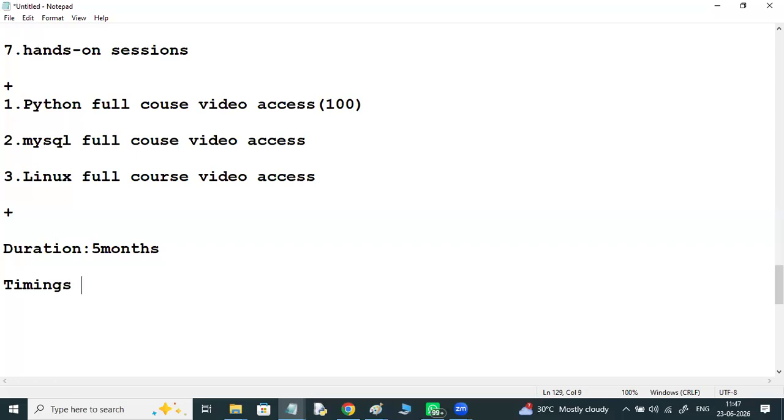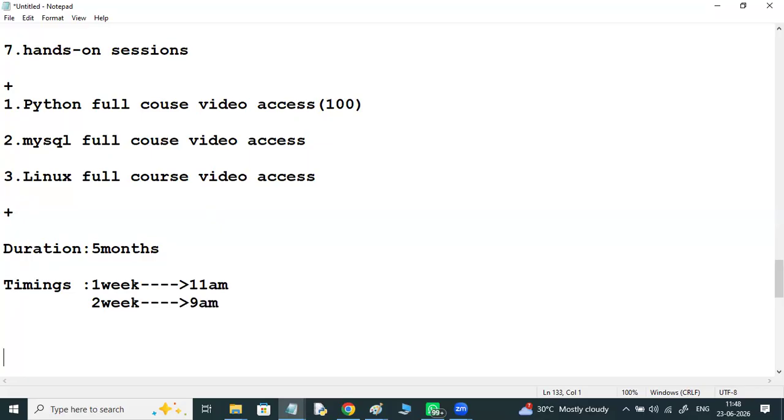The first week will start at 11 a.m., but from the second week onwards to the end of the course, it will start at 9 a.m. So this is the timing. First 1 week only it will be at 11 a.m. Later it will be from 9 a.m. to 10 a.m.